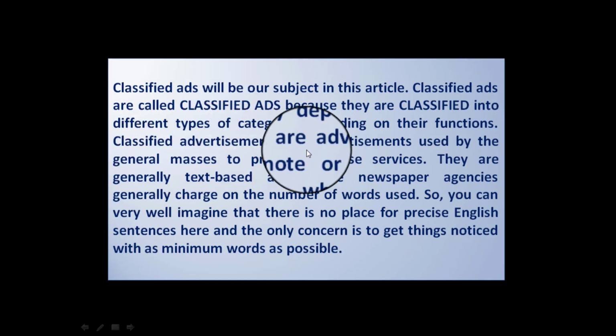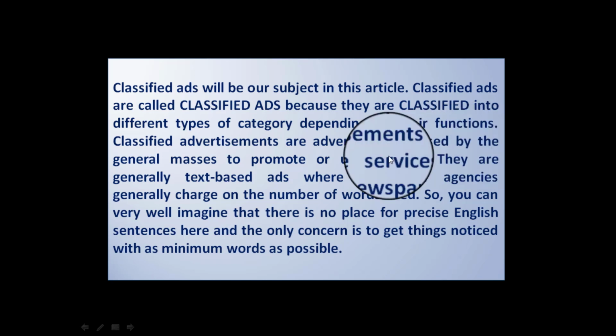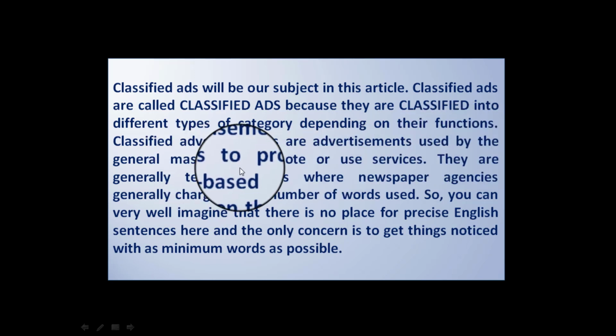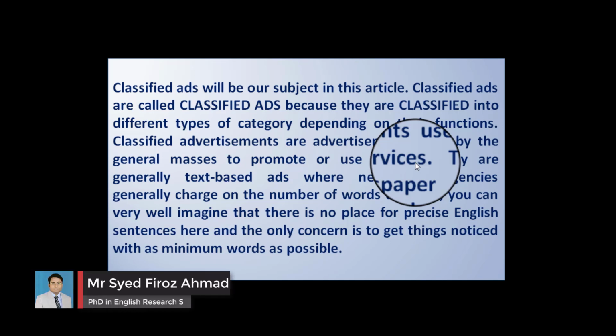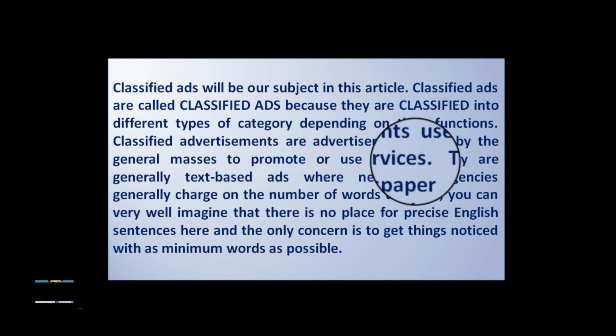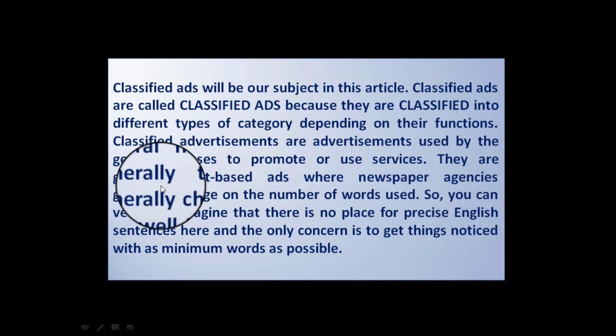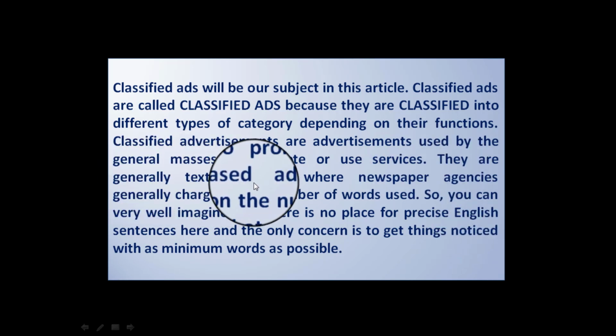Classified advertisements are advertisements used by the general masses to promote or use services. General masses means plenty of people use this sort of advertisement. As I told you in the beginning of the session, this is less costly, so many people can afford it. And they are generally text based ads.